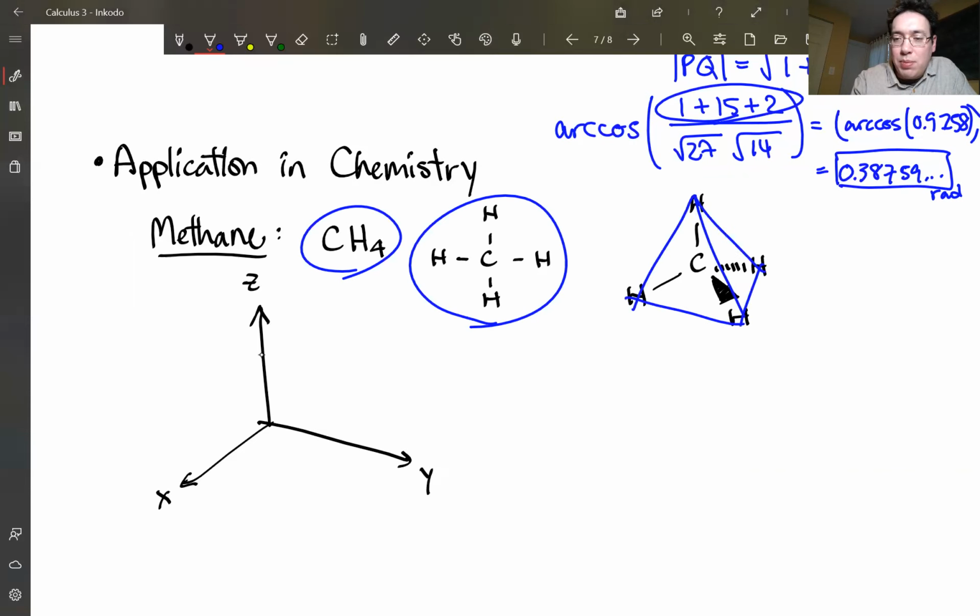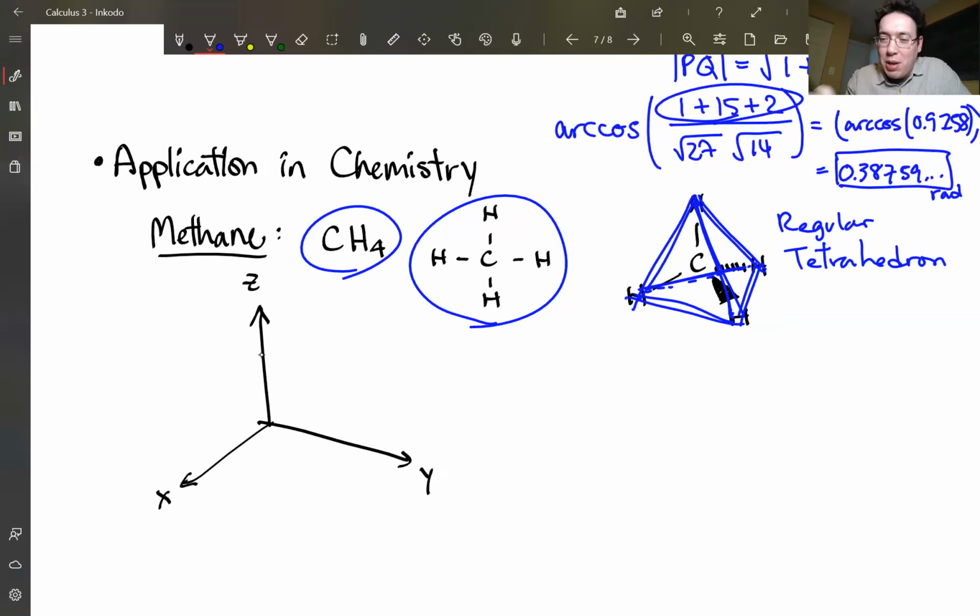It's in the shape of what's called a regular tetrahedron. The carbon element is at the middle of this triangular pyramid, and there are 4 regular triangles forming this pyramid.